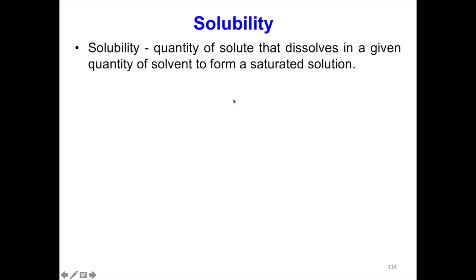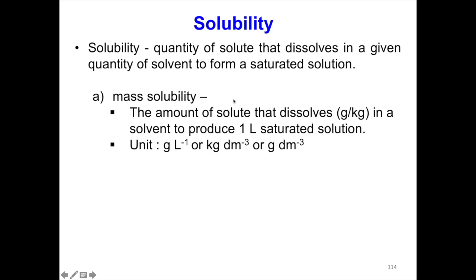Solubility. Solubility is a quantity of solute that dissolves in a given quantity of solvent to form a saturated solution. There are two types of solubility. The first one is mass solubility. Mass solubility is the amount of solute that dissolves in a solvent to produce 1 liter of saturated solution, and the unit of mass solubility is gram per liter, or kilogram per dm cube, or gram per dm cube.